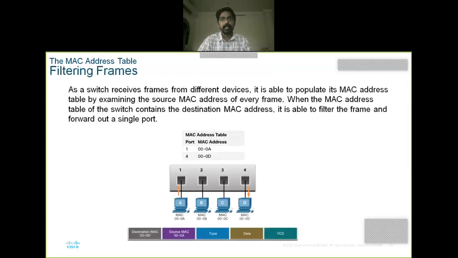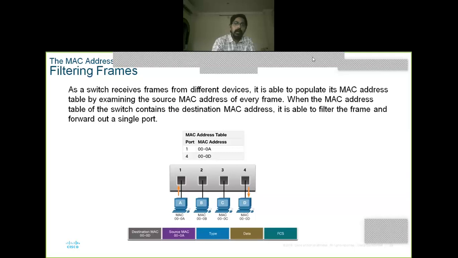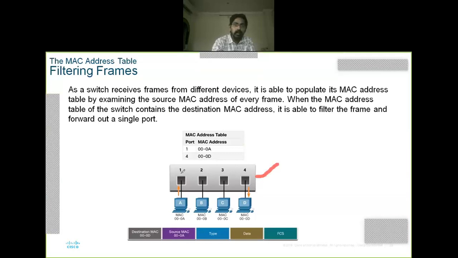Next, filtering frames. Whatever operations I told earlier are the basic operation. For example, consider we have a 4-port switch, port numbers 1, 2, 3, 4, and we have 4 systems. It is difficult if we provide the complete MAC address, so consider only 4 values.